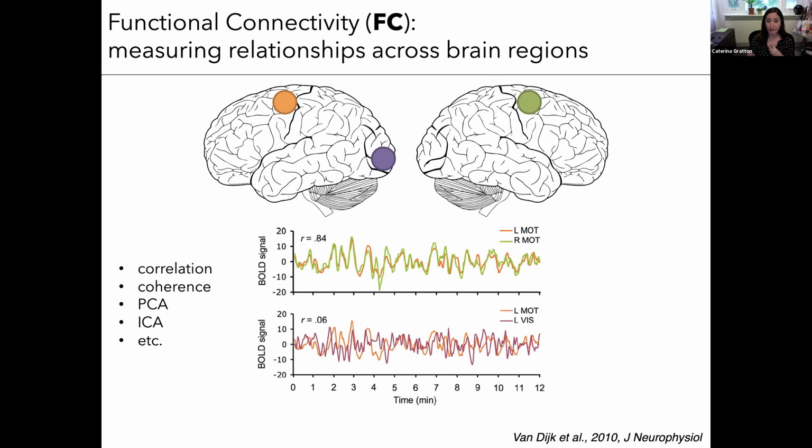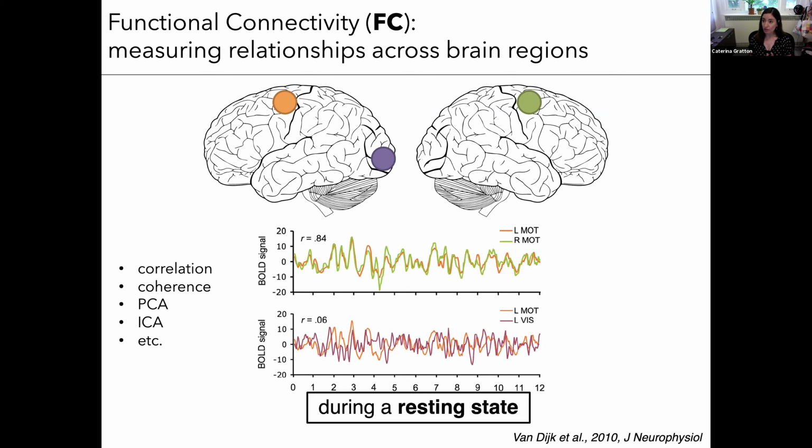What was surprising when this was first observed is that this is true not just when I ask someone to engage in a motor task, but even when someone is sitting as still as possible in the scanner at rest: their left and right motor cortex activity patterns are correlated with one another. Indeed, this has been shown to be true even during sleep or other very different states.